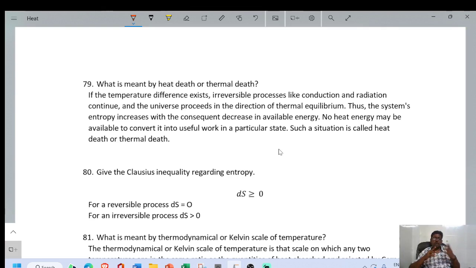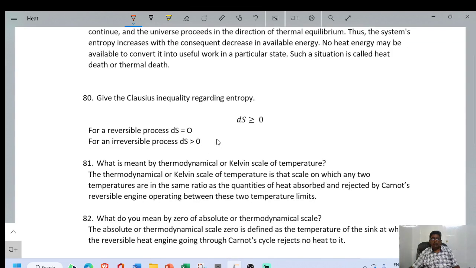The energy which cannot be converted into mechanical work is called unavailable energy. Suppose at a particular stage all the bodies are at the same temperature, there is no talk about the conversion of energy into mechanical work. That state is called thermal death or heat death. No heat energy may be available to convert into useful work in a particular state. Such a situation is called heat death or thermal death.